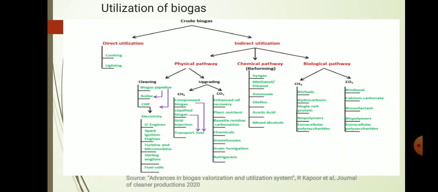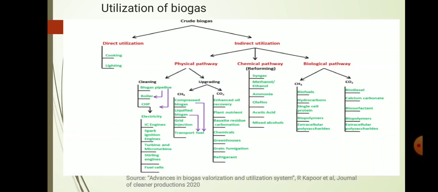If we add steam to biogas at a particular temperature and reaction condition, the methane and carbon dioxide are converted to hydrogen and carbon monoxide. So if you want hydrogen from biogas, you can use steam reforming. Similarly, through different reactions, we can get methanol, ammonia, acetic acid, etc. That is the chemical pathway: chemically converting biogas into other forms.